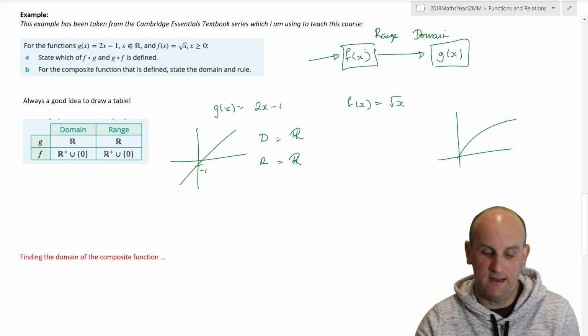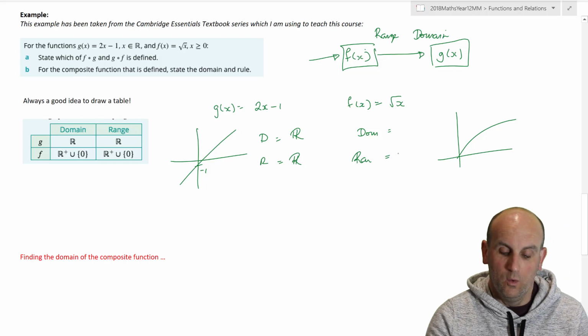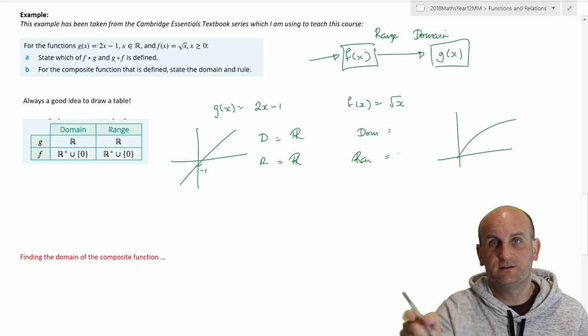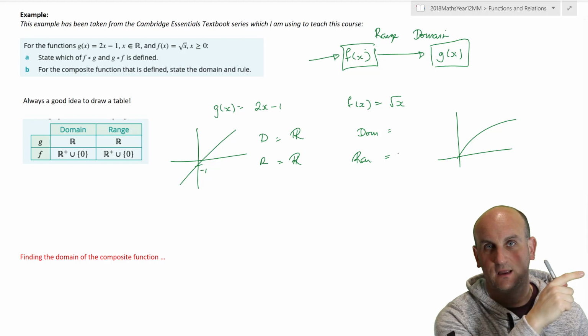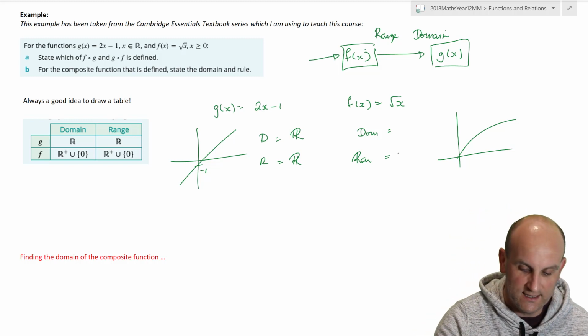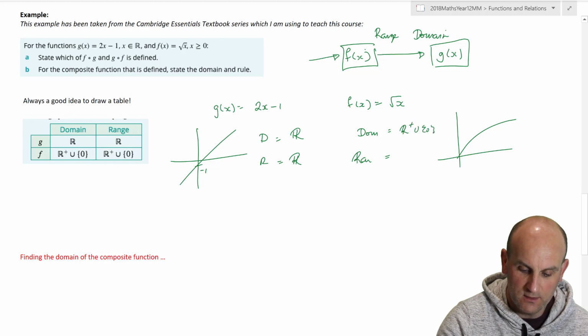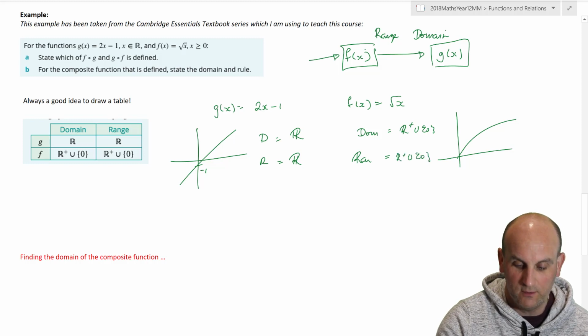Now let's do the same for the next function. So my domain, or let's write it dom and ran, I don't know why. Because my square root graph starts at 0 and goes on to infinity and beyond, I can write this in a number of different ways. I could write it as R plus or 0, and likewise with my range, R plus or 0.